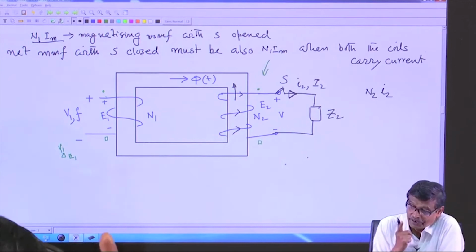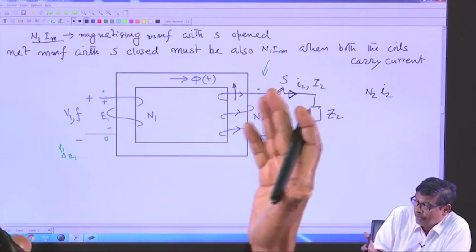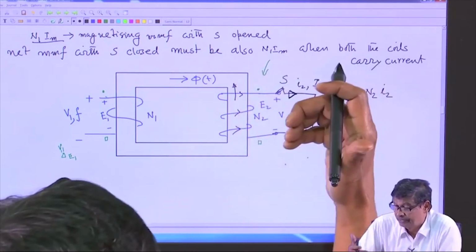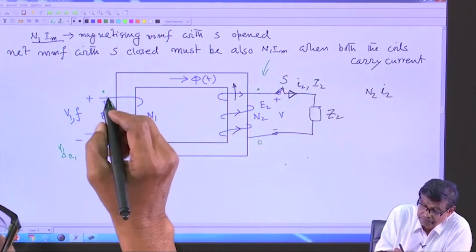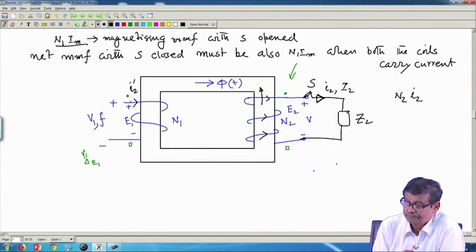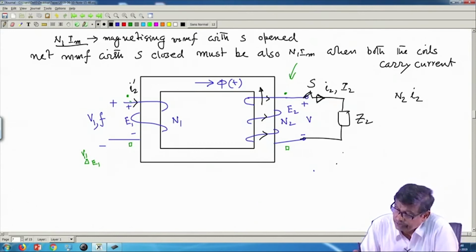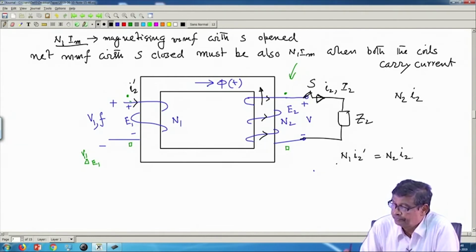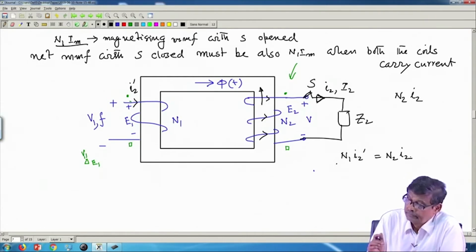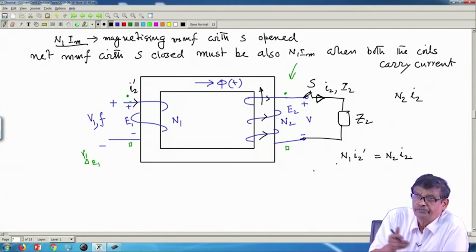What it will do immediately, the moment you try to draw some current through the dot of the secondary of the transformer, it will draw additional current, say I2 dashed, of such magnitude that N1 into I2 dashed is equal to N2 into I2. This I2 dashed is called reflected current.